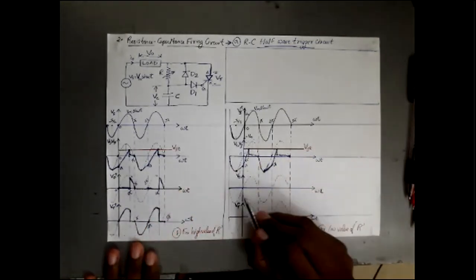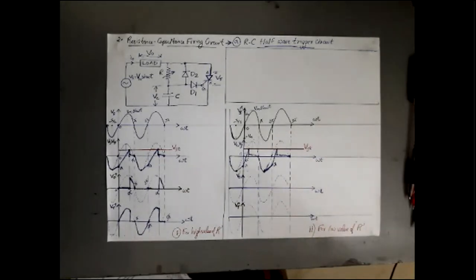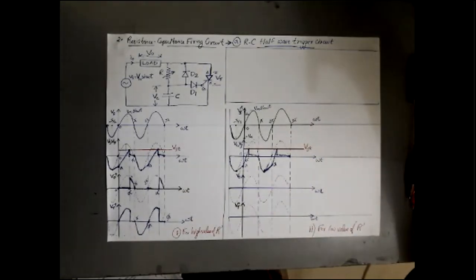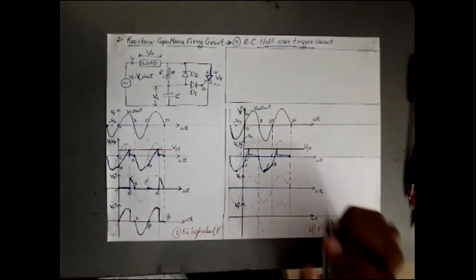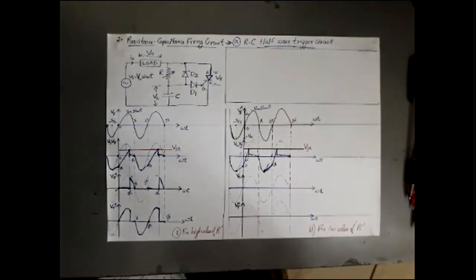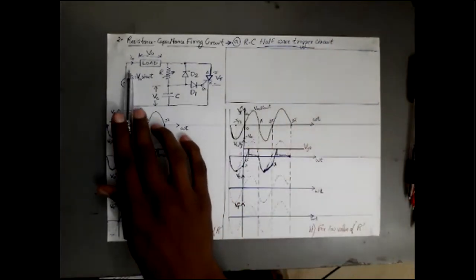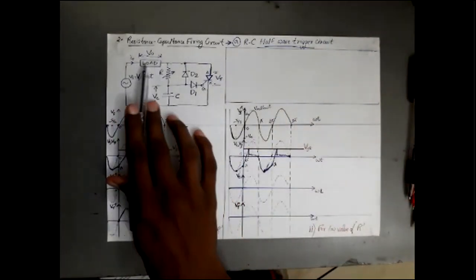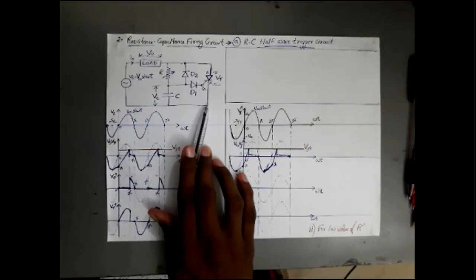Now let us have a look at the output voltage. Same as the case of the resistance circuit or the previous case, V naught will appear only when my SCR is triggered. Until my SCR is triggered, my entire applied voltage will appear across my SCR.